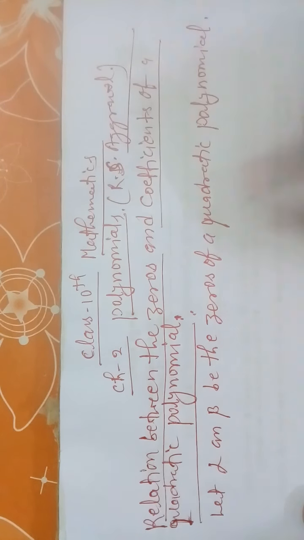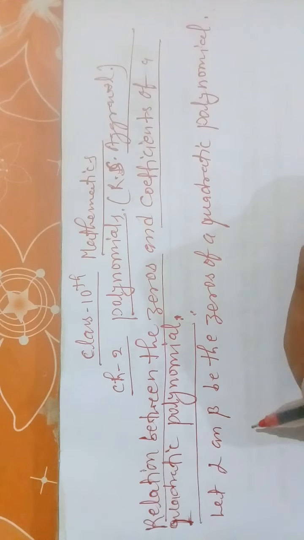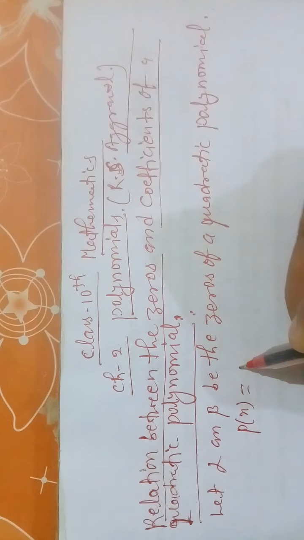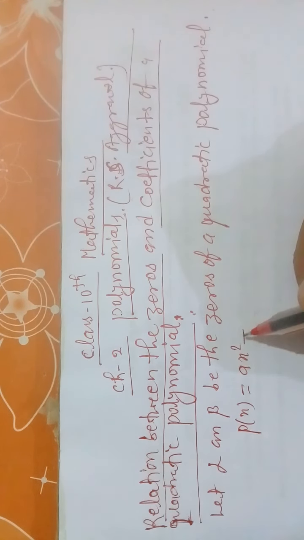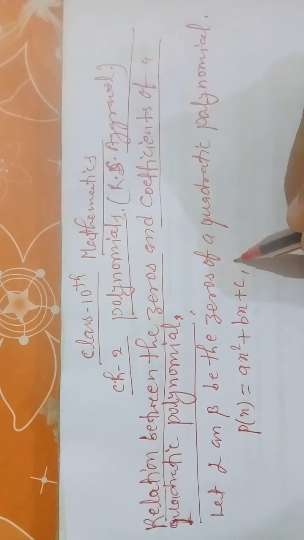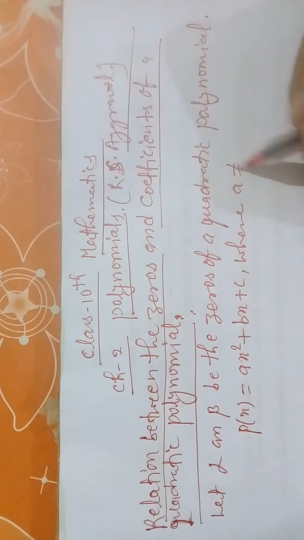We know that the general form of a quadratic polynomial p(x) is equal to ax square plus bx plus c, where a is not equal to 0.